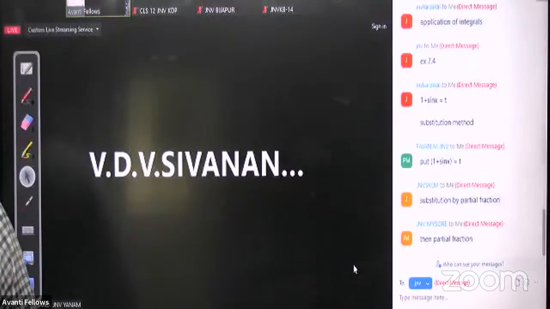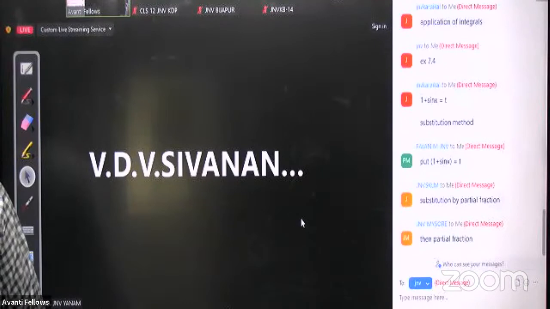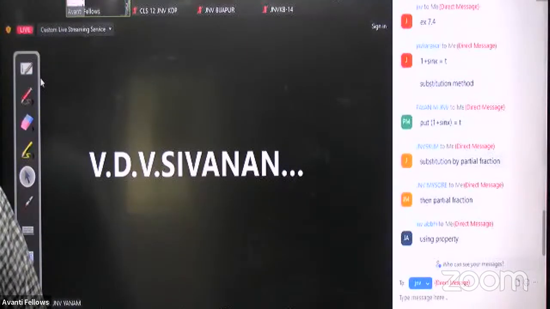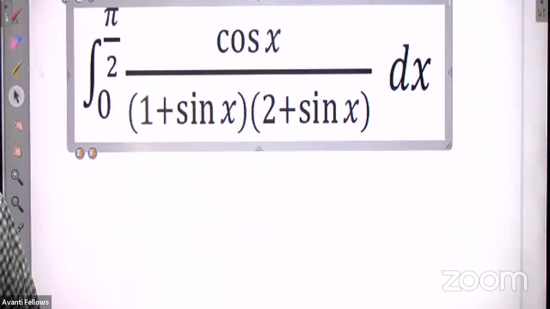Substitution by partial fraction. Then partial fraction. Okay, good. Using property. Somebody is saying using property. Okay.